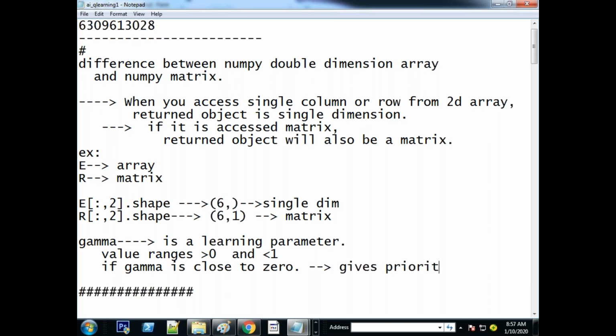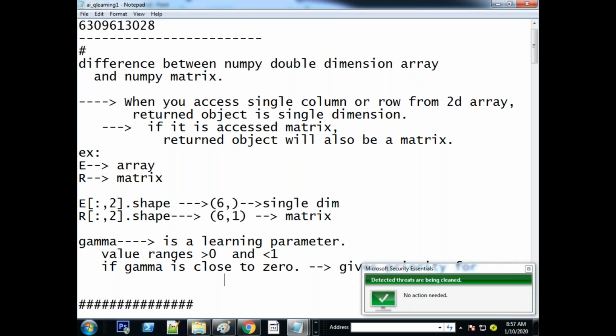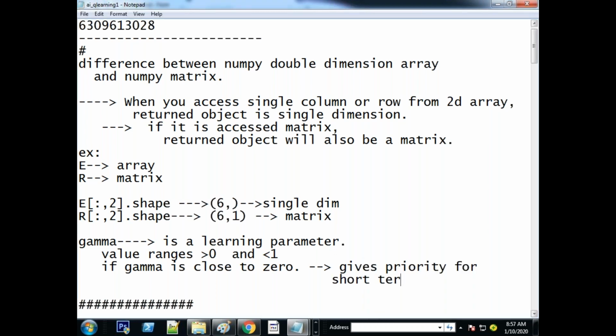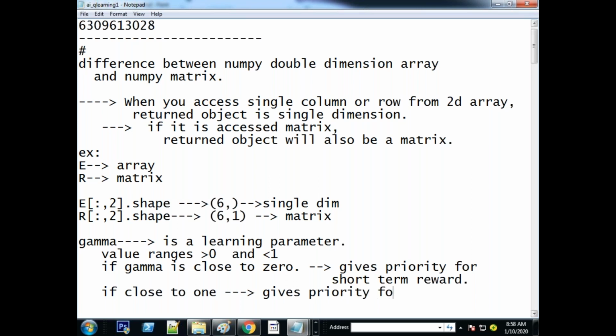Priority for short-term reward. If close to 1, priority for long-term reward.